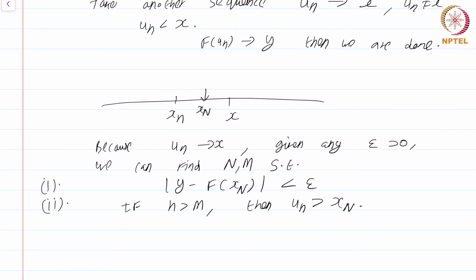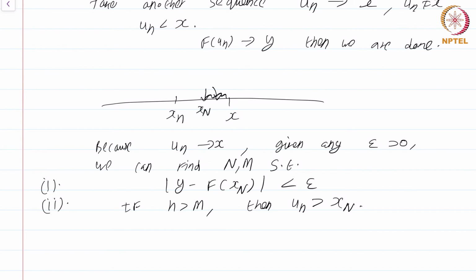Why can I guarantee this? Because un converges to x. Because un converges to x, there is a suitably large capital M such that if small n is greater than capital M, then un must lie in this interval. There is some finite distance between xn and x.